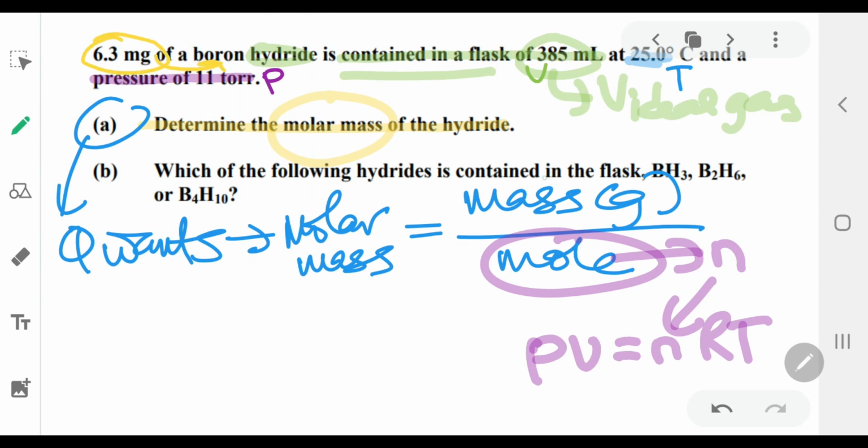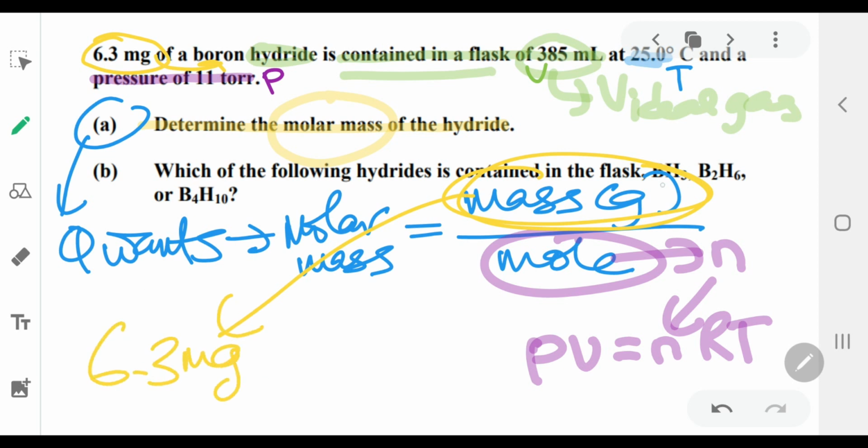Mass of your boron hydride, 6.3 milligram. So mass is already given to you. But remember, for molar mass, your mass should be in grams.